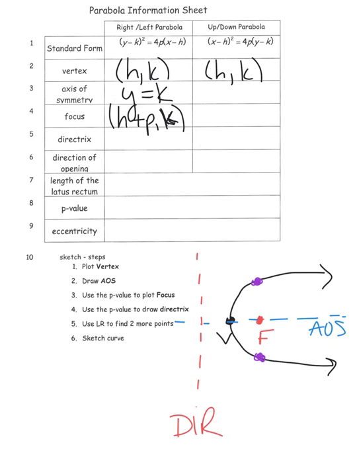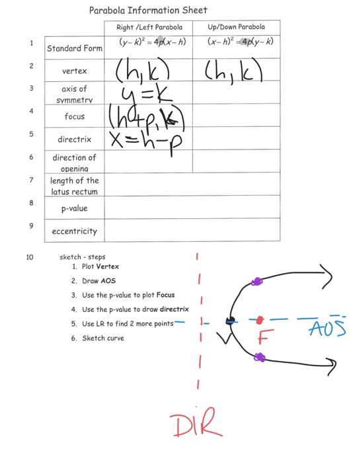And then the directrix is kind of like an imaginary line that is behind the parabola, or if it's up or down, it might be under it or above it. And the equation for the directrix is x equals h minus p. So now that you've seen this p-value come in a few times, let's talk about what it means. If you look at the equation, you see 4p in both cases.